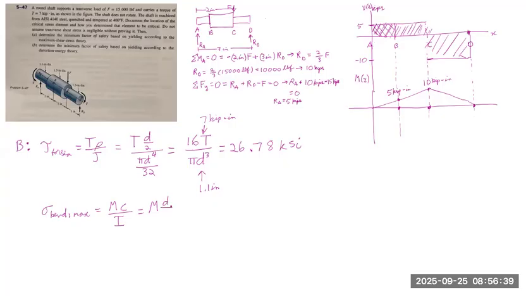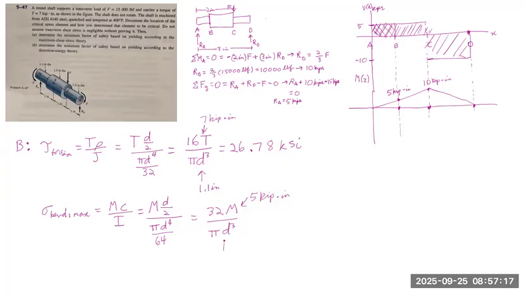which is d over 2. And then I is the moment of inertia, which is going to be pi times d to the power of 4 over 64. Simplifying this, we have 32 times the moment over pi times the diameter cubed. The moment, again, we use 5 kip-inch.